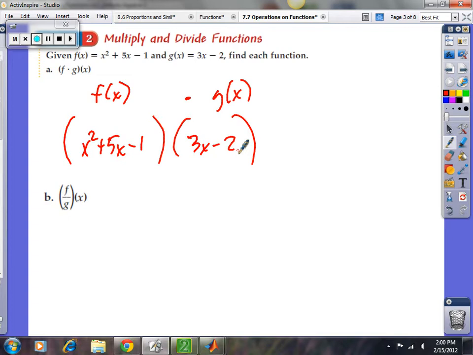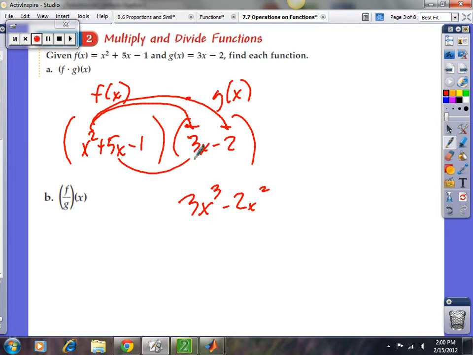Distributive property. You've got to multiply this guy here and here. So you have 3x cubed minus 2x squared. 5x times 3 is 15x squared. 5x times negative 2 is negative 10x.